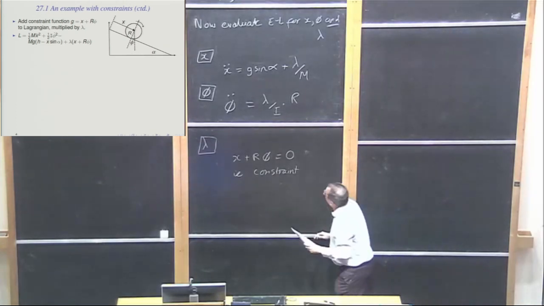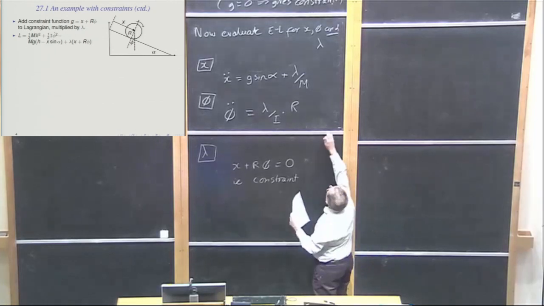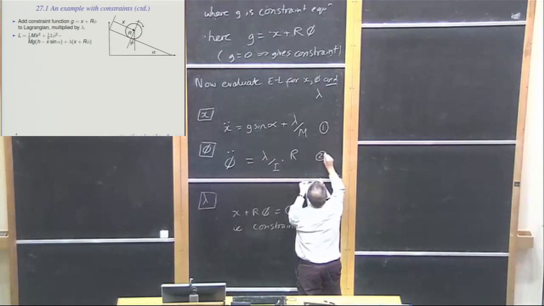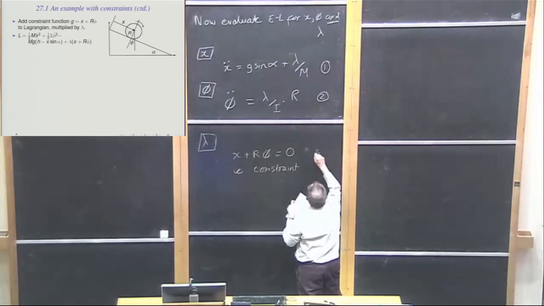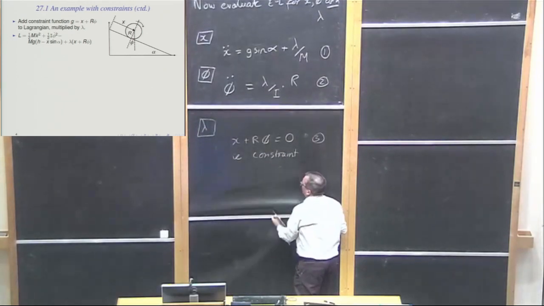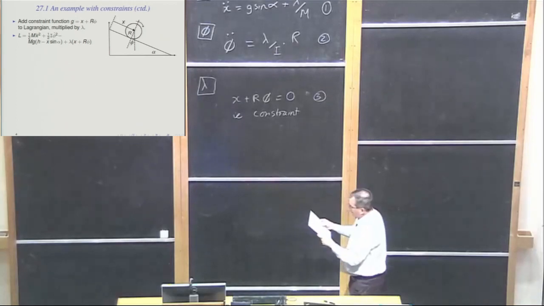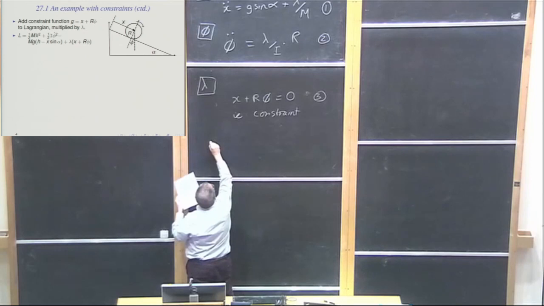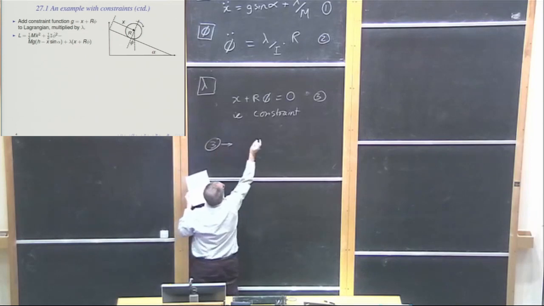Right, so let's then put all this information together. Let me just number these: 1, 2, and 3. Let me just manipulate 3.